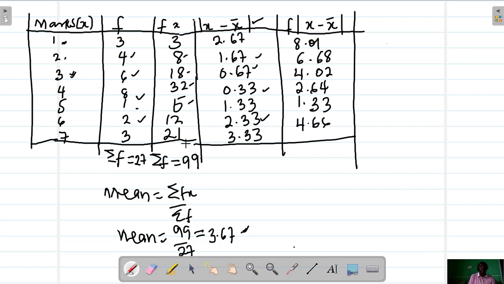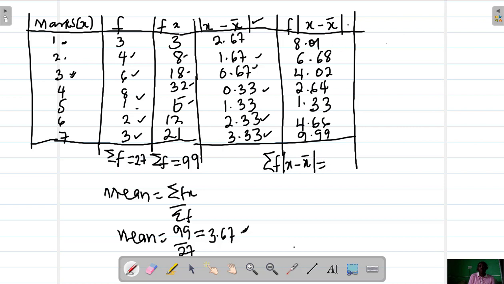Then finally 3 times 3.33 will also give us 9.99. Good.